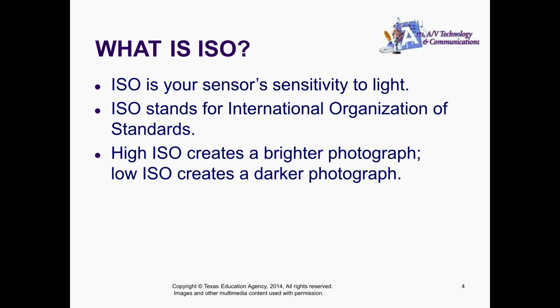So a high ISO is for a brighter photograph, but it's not for a brighter day. If I'm going to take a picture inside here with the lights out, I want a high number because it's going to be able to detect more light. But if I'm going to be outside, I want a low ISO because it's super bright outside and a high ISO would make the picture too bright. Does that make sense?